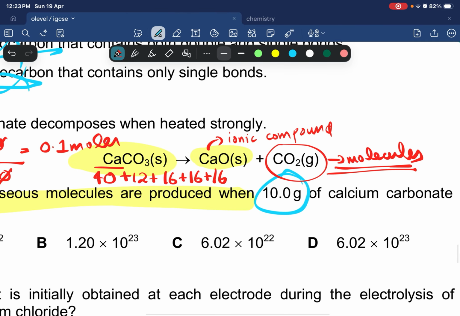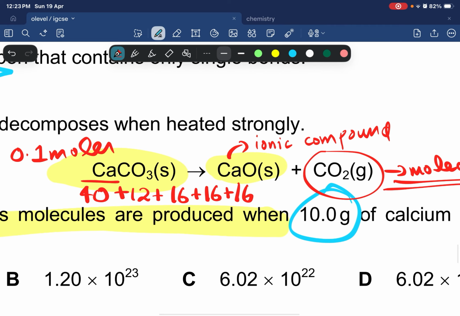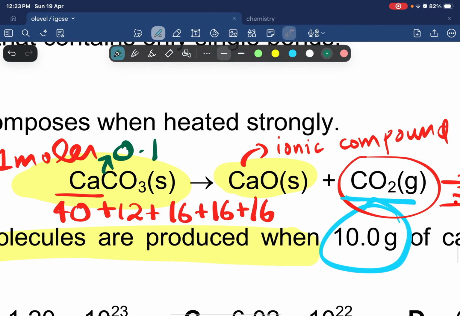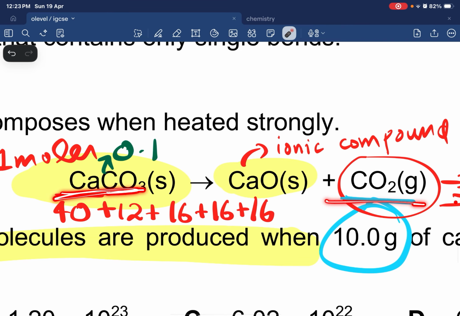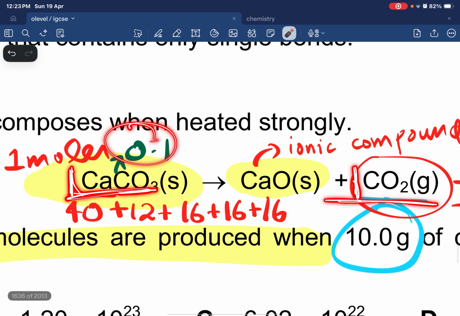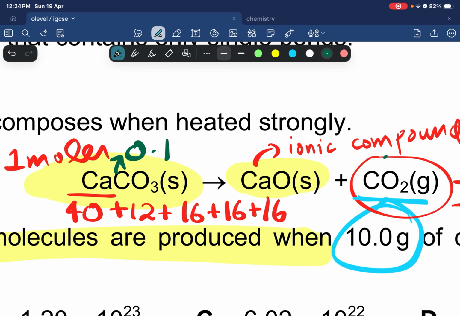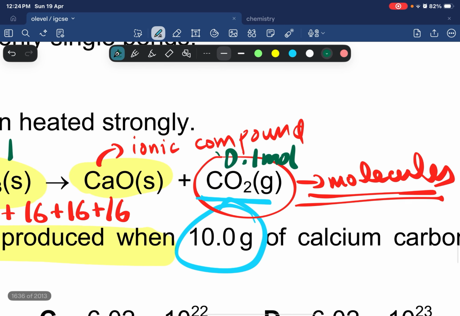So we're concerned with how many molecules of carbon dioxide are going to be produced. So look at how many moles of carbon dioxide are going to be there. We got 0.1 moles of calcium carbonate. Now the ratio of moles of calcium carbonate and carbon dioxide is 1:1. So if you have 0.1 moles of this fella, we are going to produce 0.1 moles of carbon dioxide. Got it?